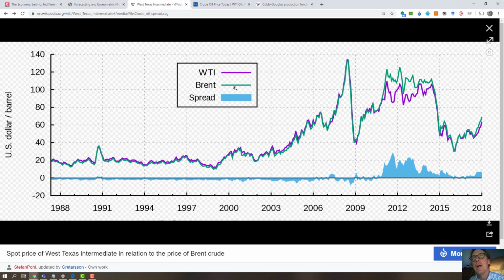Brent, just as an FYI, is the oil price value that we use in Britain. West Texas is an American measure, and it's used for landlocked oil supplies. So here you see Britain's response to the crisis appeared to drive demand more than the American response to the 2008 financial crisis.